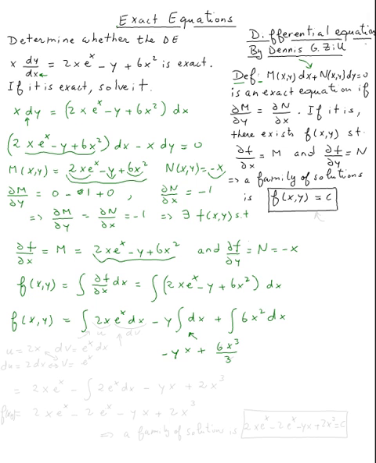Now, for this one, we have to use integration by parts. I'm going to call this a u, and this will be my dv. So the u will be equal to 2x, the dv will be equal to e^x dx, which means du is 2 dx, and the v will be equal to e^x.